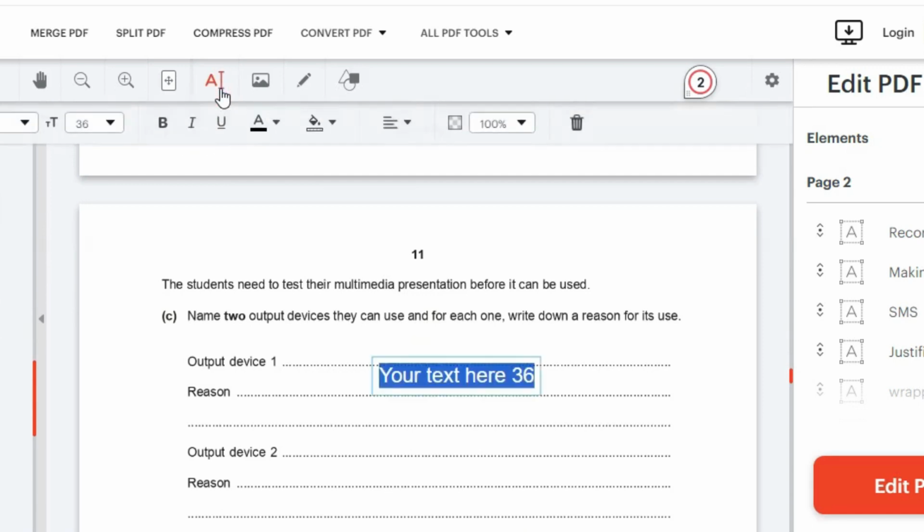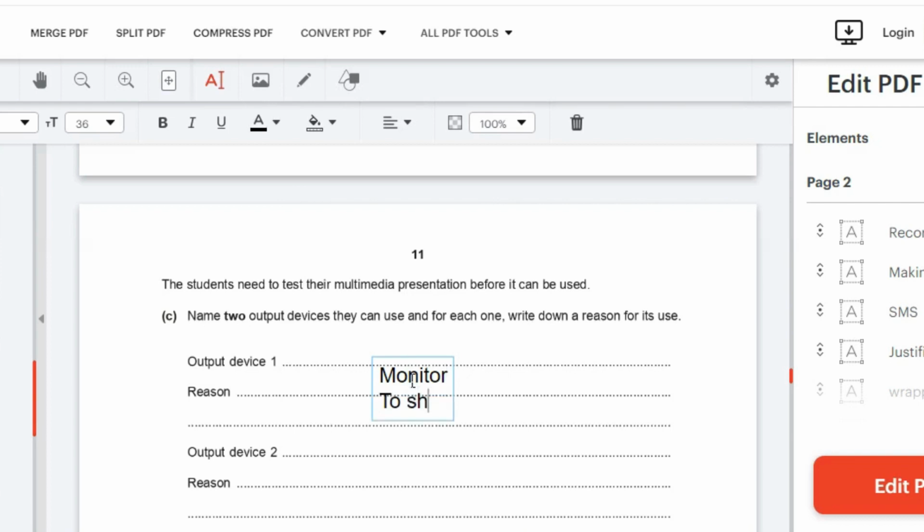All right, so one output device is the monitor. And what is the reason for using a monitor? To show what the presentation looks like.